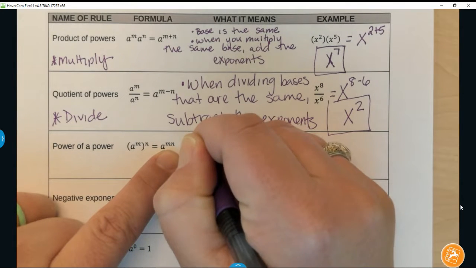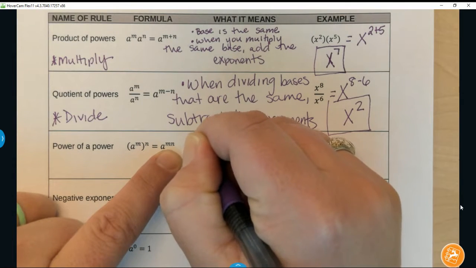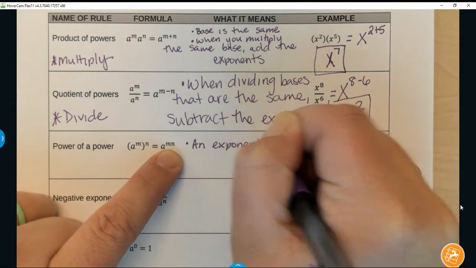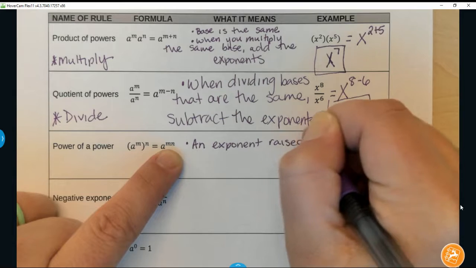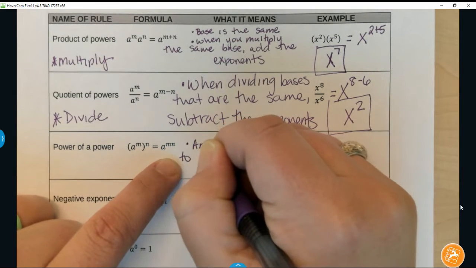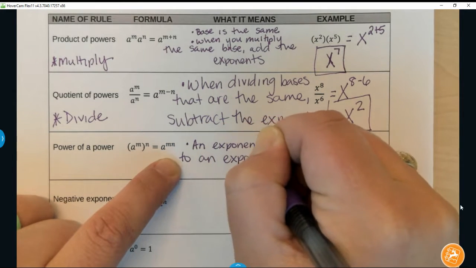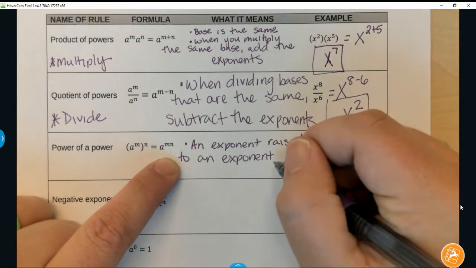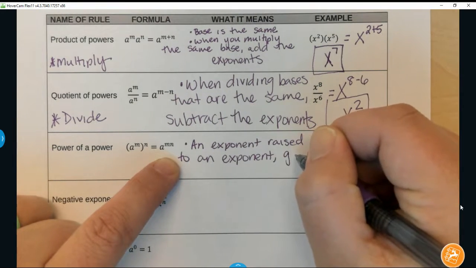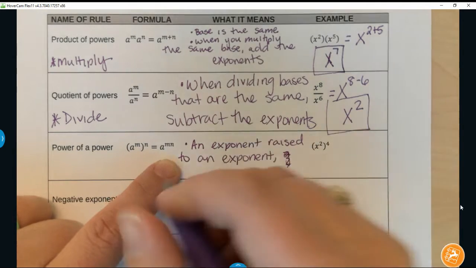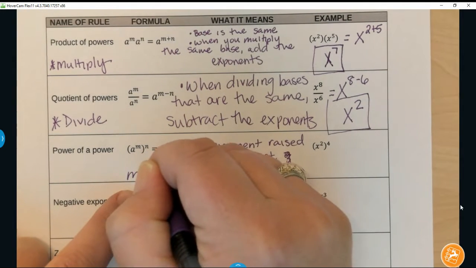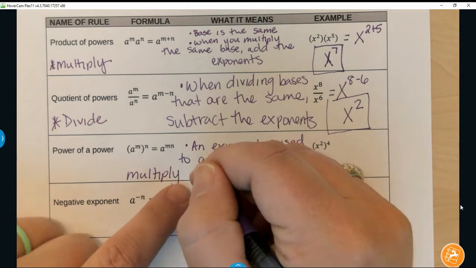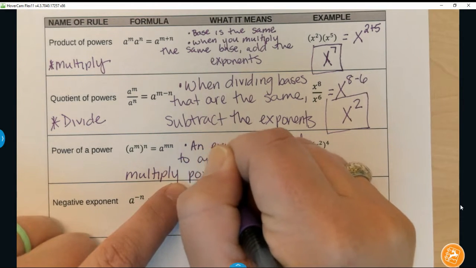So an exponent raised to an exponent, multiply powers.